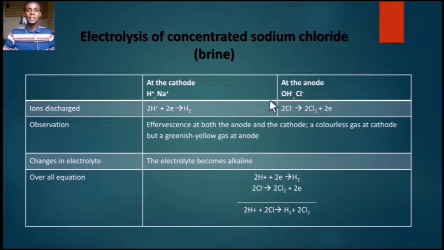So it's not affected by the second factor. On the other hand, OH and chloride ion in solution are close in the electrochemical series, so chloride ion will be discharged in preference to OH ion because it is more in concentration, considering the second factor that affects preferential discharge of ions during electrolysis.